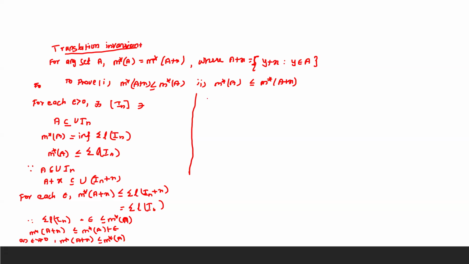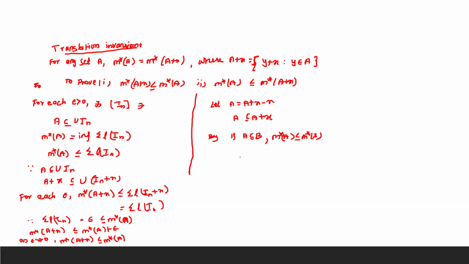Now, we try to prove the reverse inequality. For that, start with A. A can be written as A plus x minus x. Now, we know that A is contained in A plus x by the property that if A is contained in B, then the outer measure of A is less than or equal to the outer measure of B. Just now we proved this result.